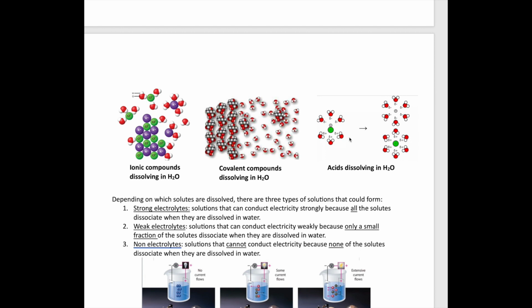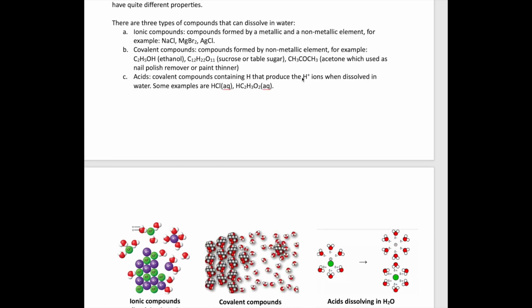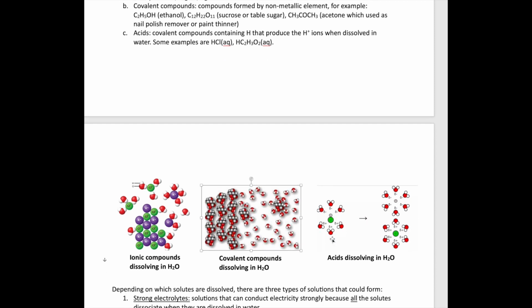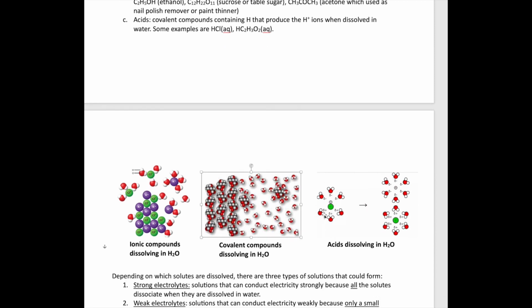And then the last part is acids. Acids have both an H, which later on forms what we call a hydrogen ion or proton. So that has the symbol H+. And then it has an anion as well. However, without water present, the acid is just a covalent compound, but once water is present, water is able to come in and separate out the H+ from the anion. And so this is what it looks like.